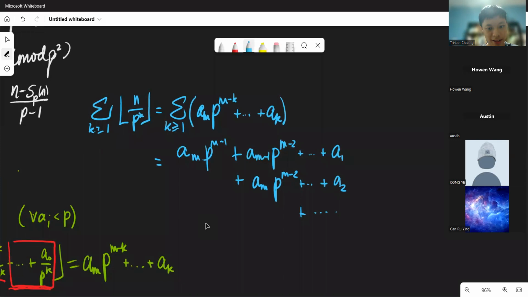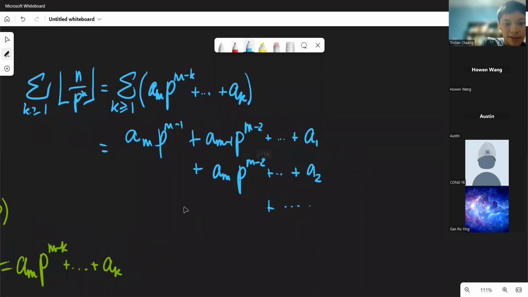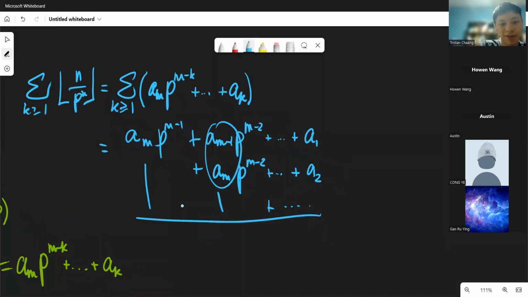I think this is not really good. Let's not write it this way, because if we do it this way and then sum up vertically, these sums are also quite weird, because you have a_(m-1) and a_m and then a_(m-2) to a_m.